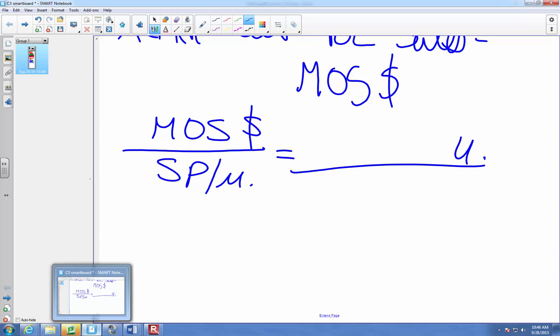How do I figure out my margin of safety percentage? In other words, what percent of my actual sales can I drop before I'm in trouble? Jordan, how am I going to get there?